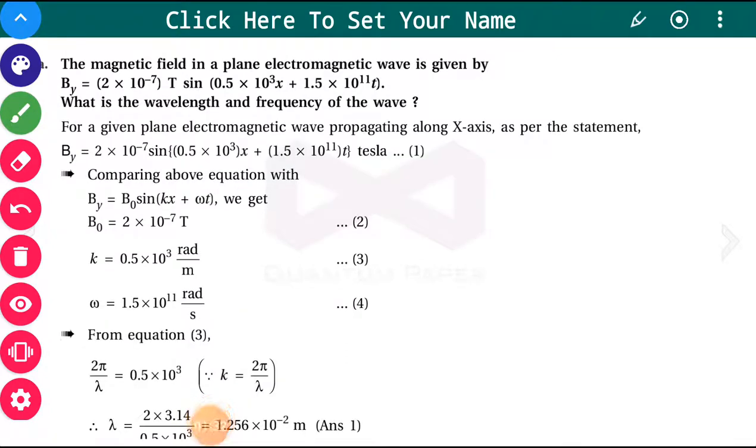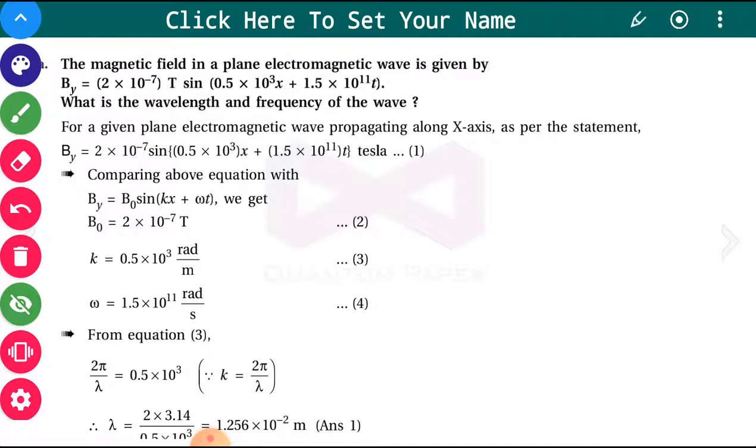Now a similar one: the magnetic field in a plane electromagnetic wave is given by By equal to 2 into 10 raised to minus 7 Tesla sine of (0.5 into 10 to the power 3 x plus 1.5 into 10 to the power 11 t).